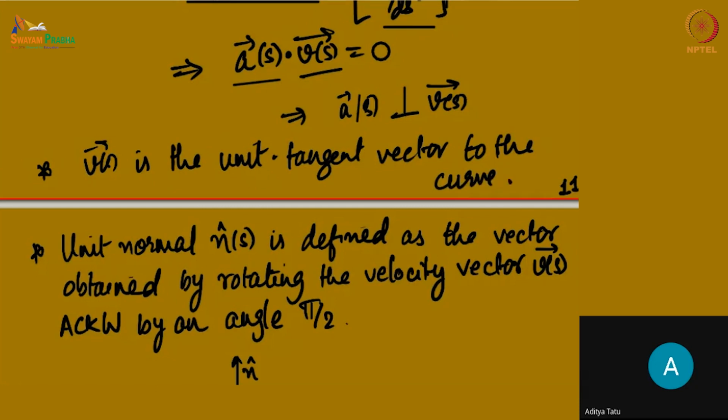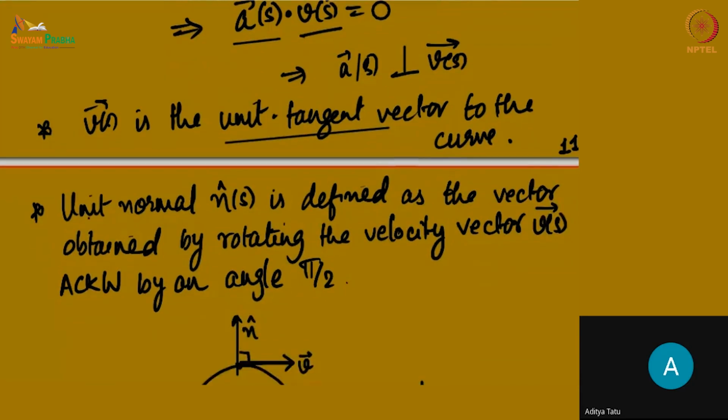Remember, since the description is unit speed, it will be a unit vector. So this velocity vector would be nothing but the unit tangent vector to the curve. And then what we have derived is that the acceleration vector is perpendicular to your velocity vector. Apart from the acceleration vector, there is another geometric vector which is also perpendicular to the unit tangent vector, and that is something we call the unit normal.